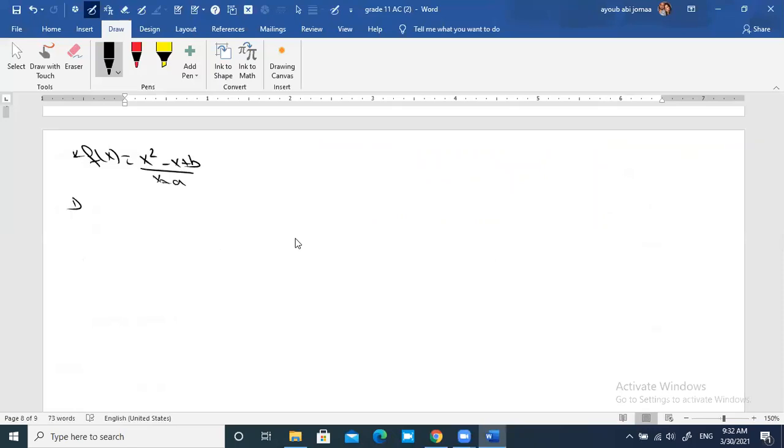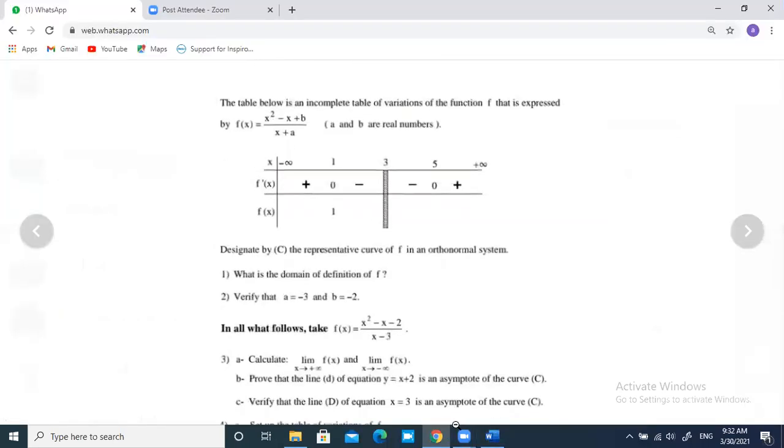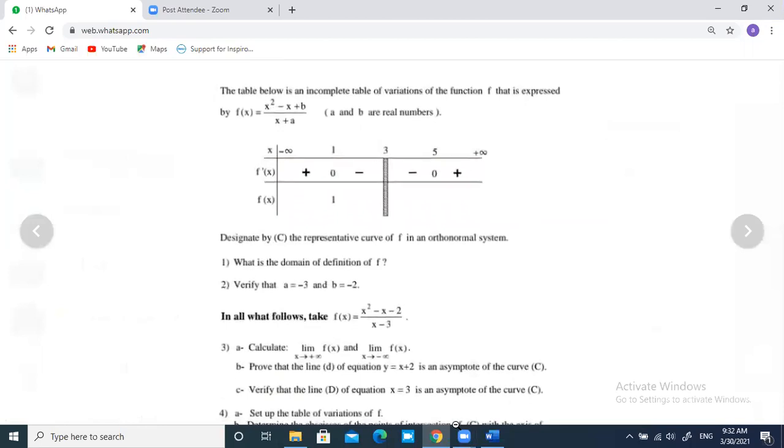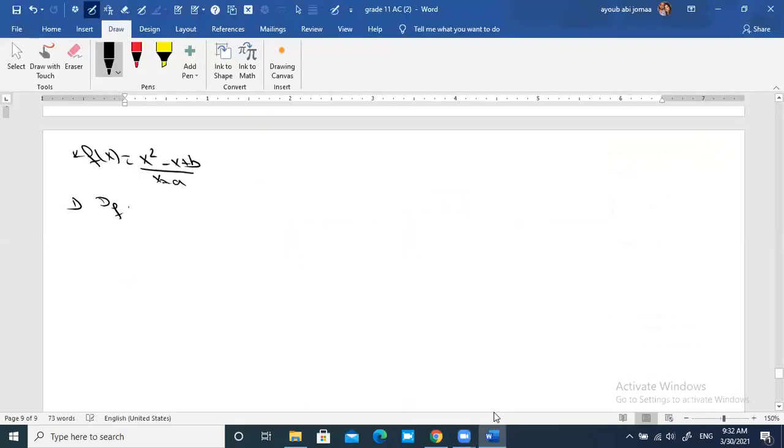Right. Part 1, the domain. So here, again, from this table of variations at 3 here, the shading. Okay. So the domain will be from negative infinity to 3, union 3 to positive infinity. So the domain of the function will be negative infinity to 3, union 3 to positive infinity.